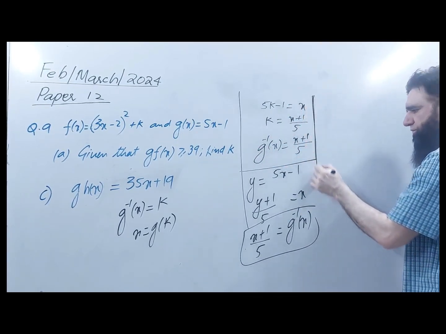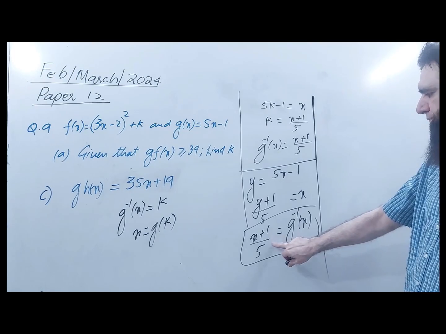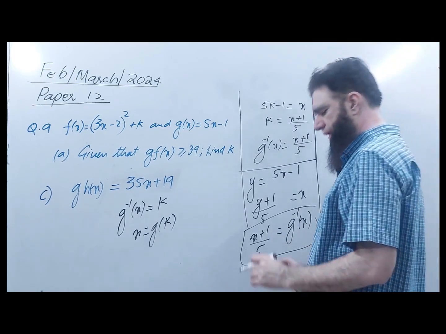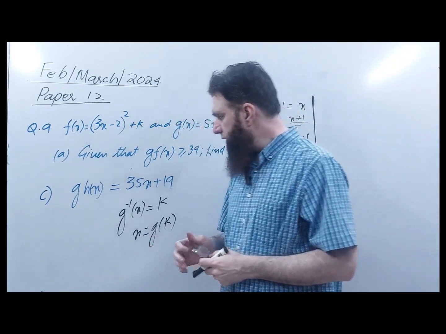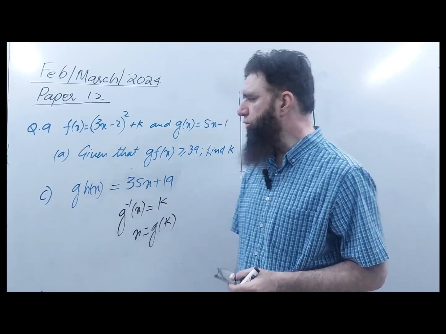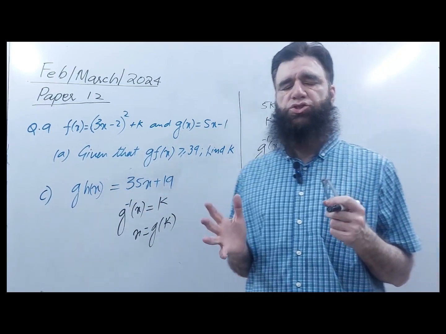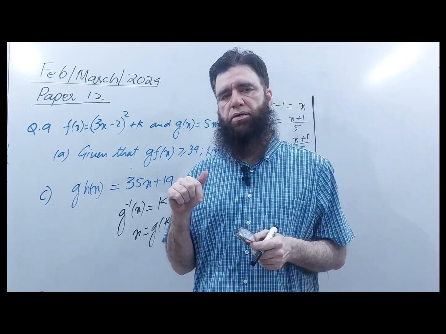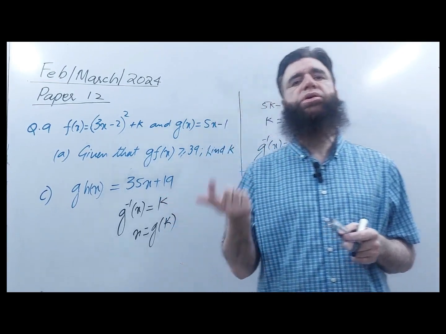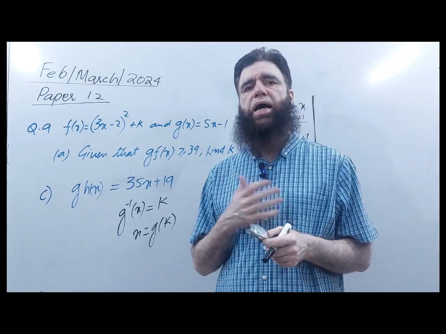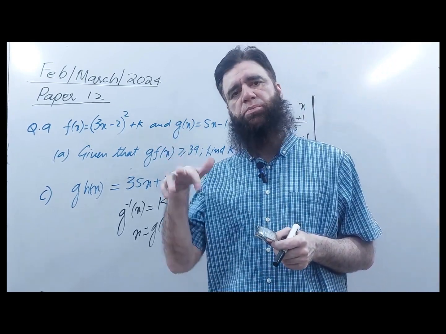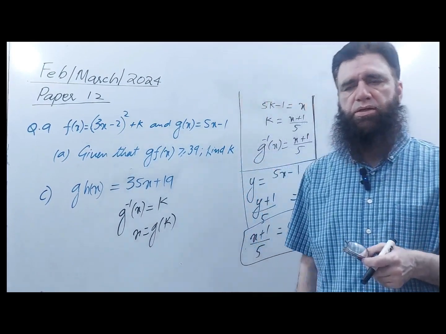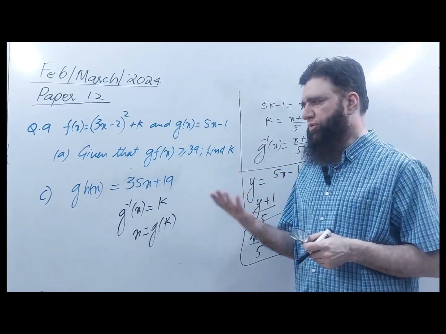So once you have the g inverse x with you, now think about it a little. What is the relation between a given function and its inverse function? The domain of the original function becomes the range of the inverse function, and the range of the original function becomes the domain of the inverse function.